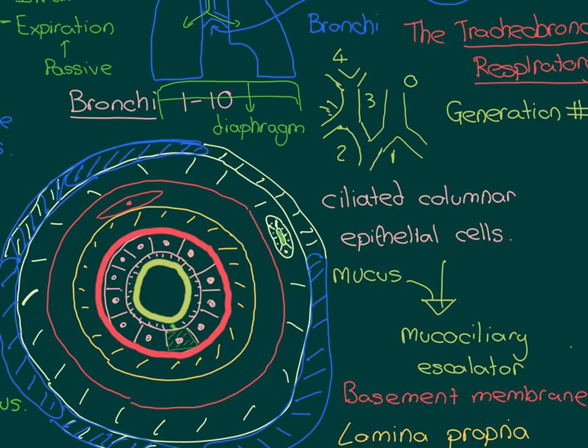For now, here is a picture of either the trachea or a bronchus, and if you wanted to turn it into a bronchiole, you just take the 2 outer layers off. But all of these airways have an epithelium around them, and that epithelium will contain ciliated columnar epithelial cells, which we know produce the serous secretion for the mucus, and then of course also the goblet cells here in green, which produce the mucin.